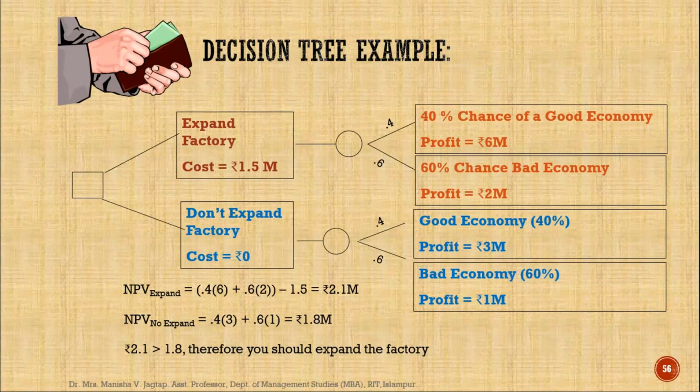Therefore, a decision tree helps to take decisions concerning which one is acceptable and profitable. So decision tree is a useful method of risk analysis. We can see the probability of occurrences for various outcomes and the interrelationship between the outcomes.